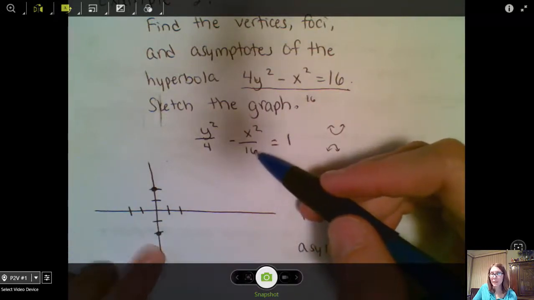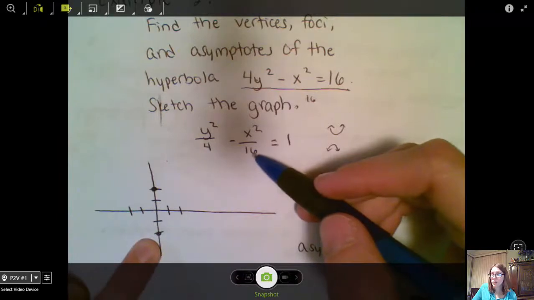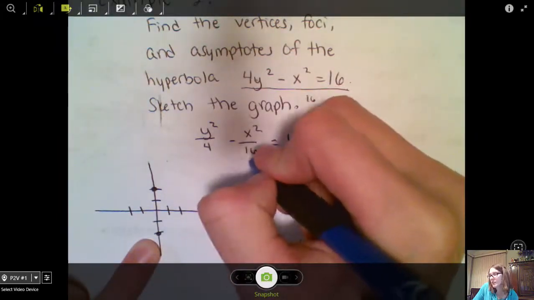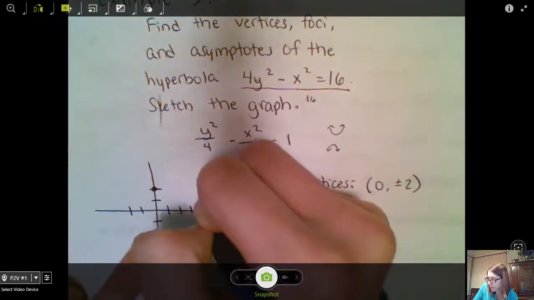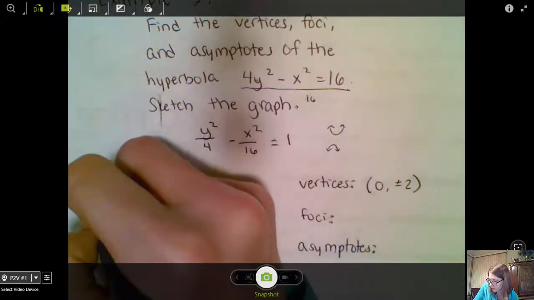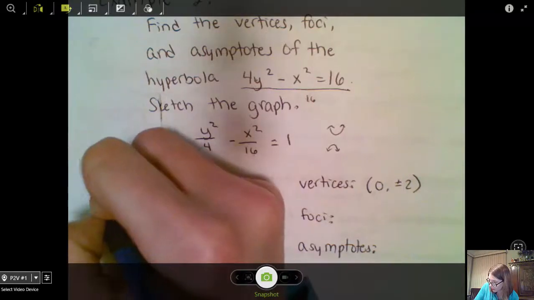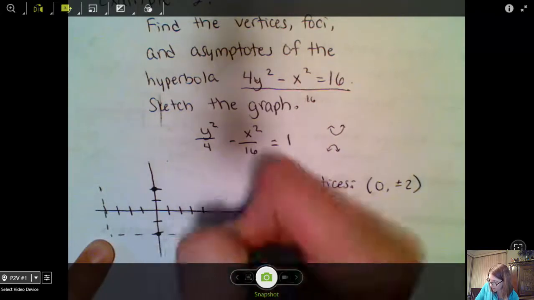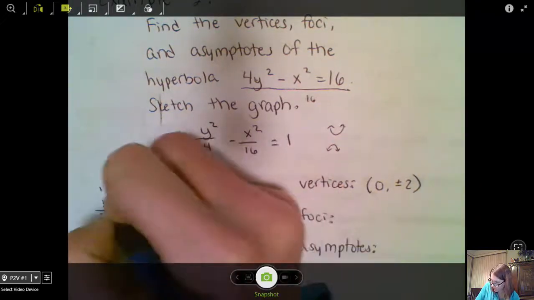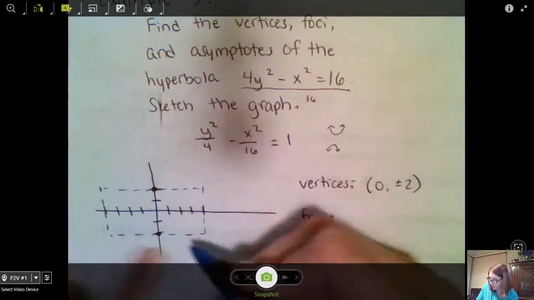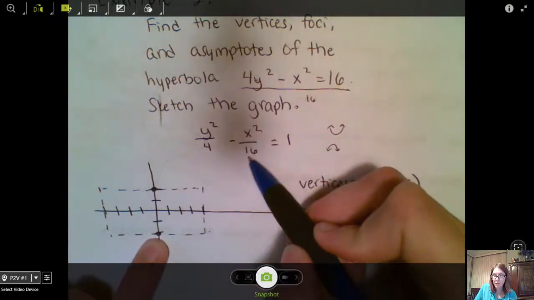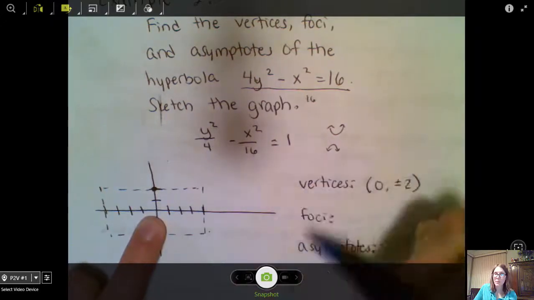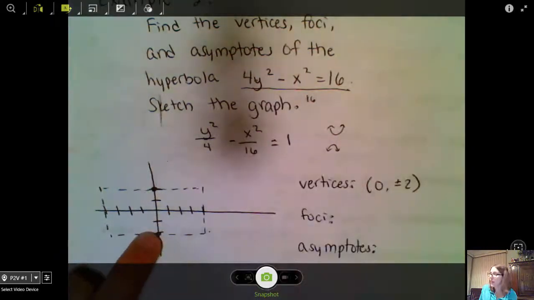The 16, this b value, tells us the width of that central rectangle. 16 is 4 squared. It's the width of our central rectangle when we go to make our hyperbola. So again, the 4 comes from our b value, and the 2, from where our vertices are, comes from that a value.